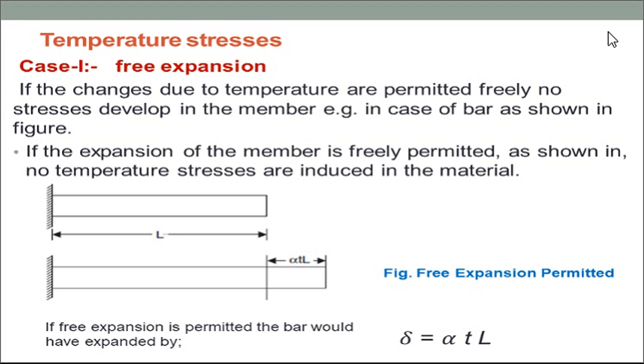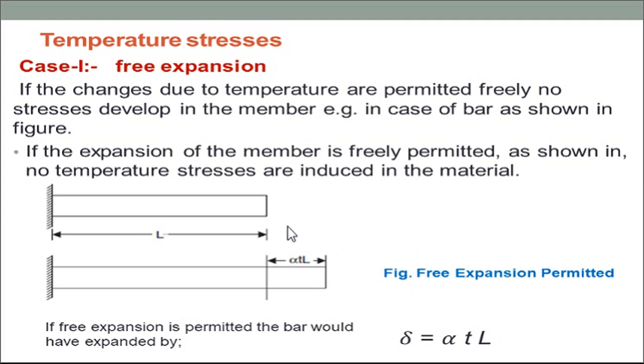That is the case of the bar as shown in the figure below. If the expansion of the member is freely permitted, no temperature stresses are induced in the material. You can see in this figure the original length of the bar is capital L, and the expansion that takes place is alpha T L, because free expansion is permitted due to the variation in the temperature.